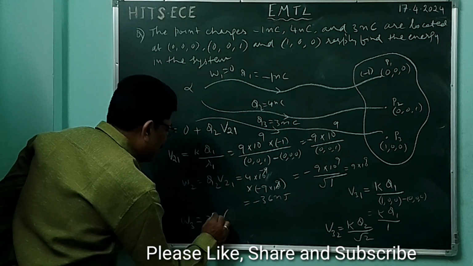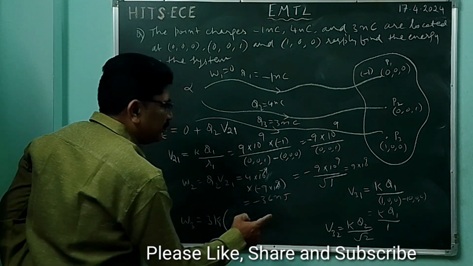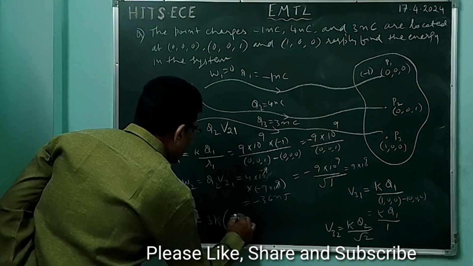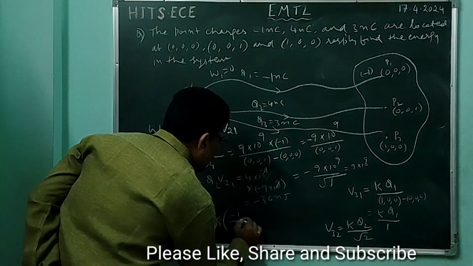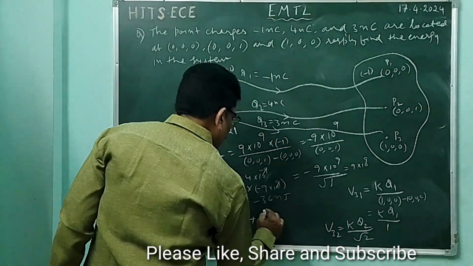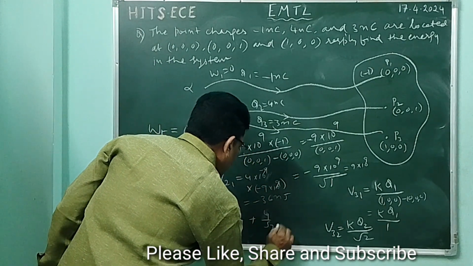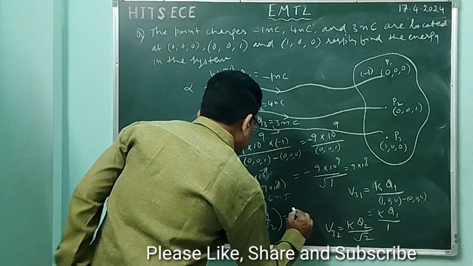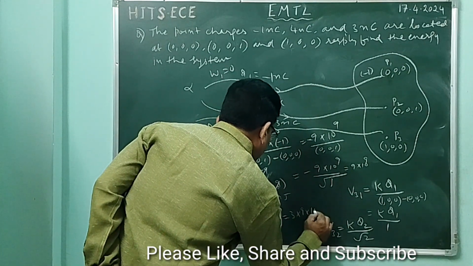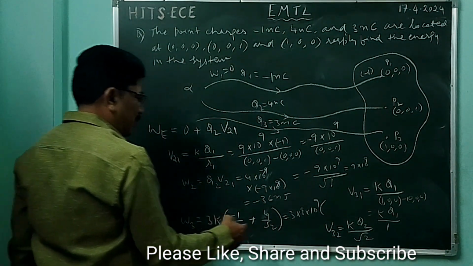So let us take K outside: 3 into 9 into 10 to the power of 9 into Q1 by 1, that is minus 1, plus Q2 by root 2, that is 4 by root 2.